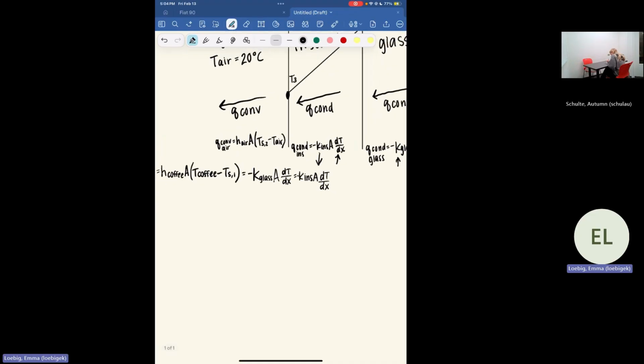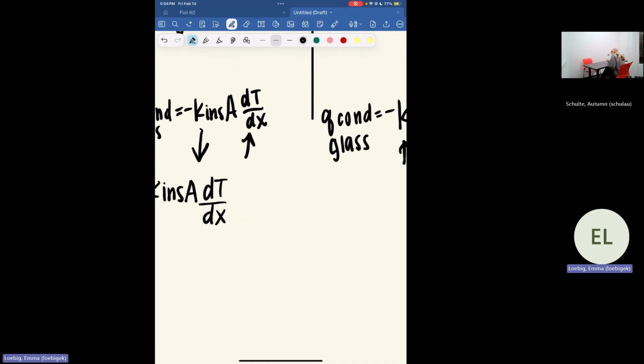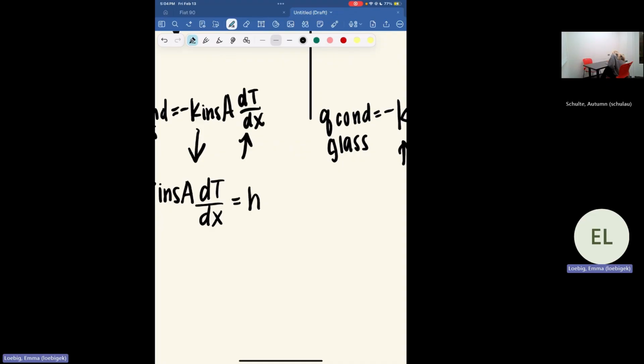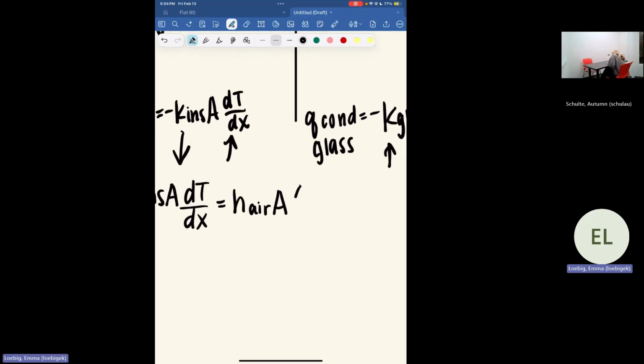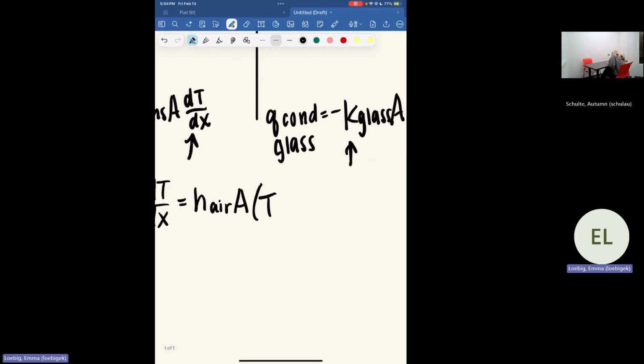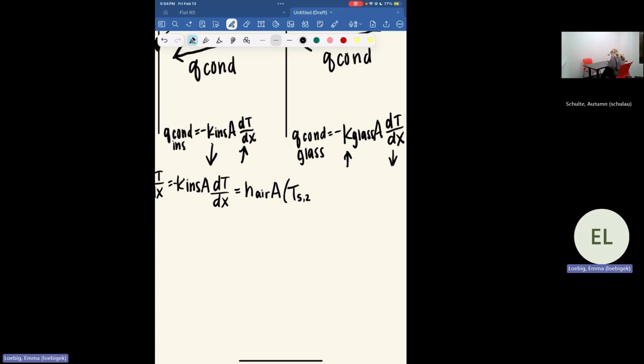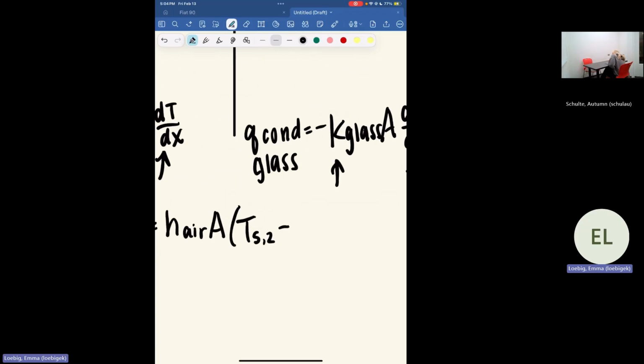And this is equal to our convection term for the air, which is the heat transfer coefficient of air multiplied by the area multiplied by the temperature at that second surface minus the temperature of the air.